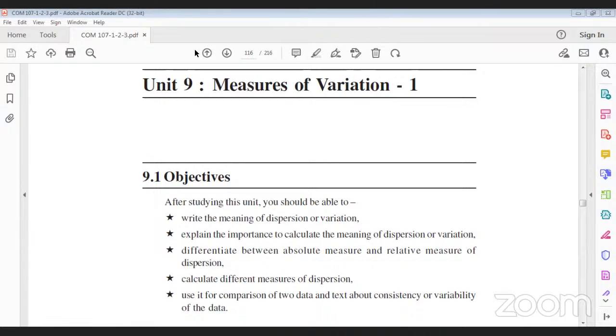The average for Sachin is 100, for Rahul also 100, and for Yuvraj also 100. Here you will see the dispersion of each batsman in such an example. Now you will observe that the average runs scored by the 3 batsmen is equal, that is 100.